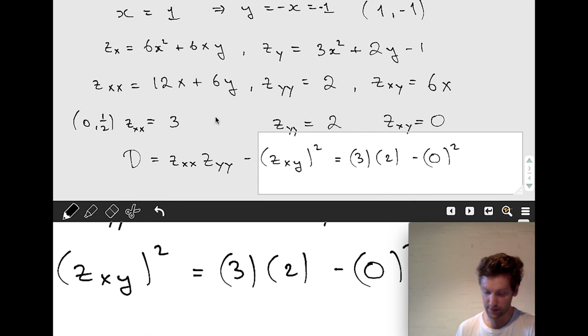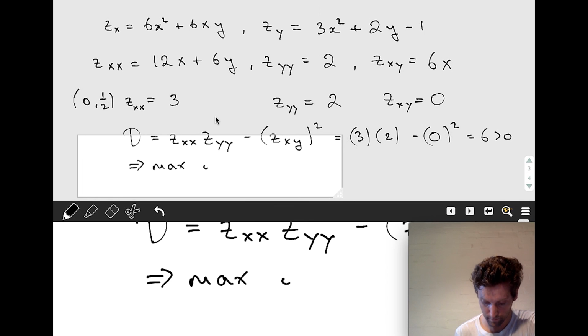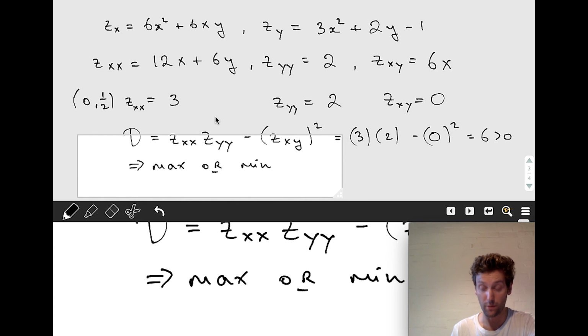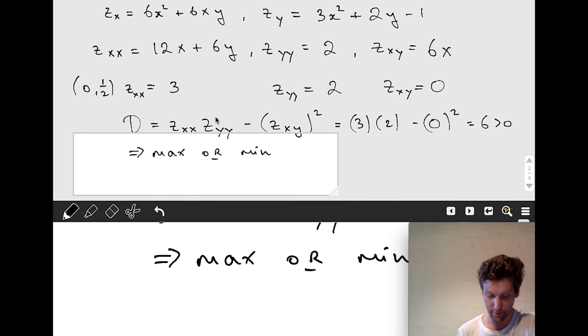So that's equal to 6, which is greater than 0. So when d is bigger than 0, it means that our contours are closed, which implies that we're dealing with a max or a minimum. But we know that both the second derivative with respect to x and the second derivative with respect to y are positive numbers. If either of them were positive, it would tell us we're in a minimum.